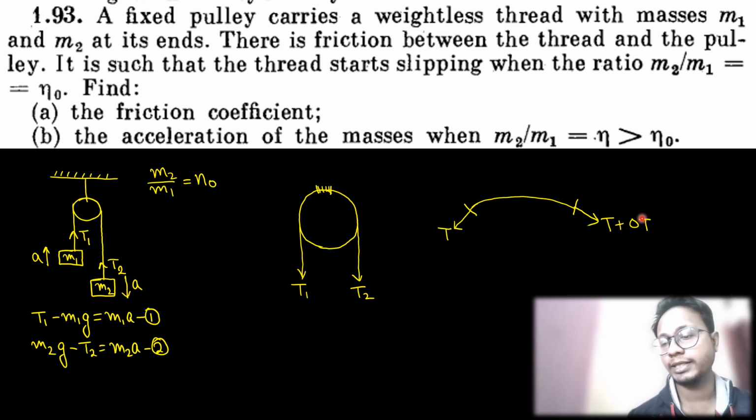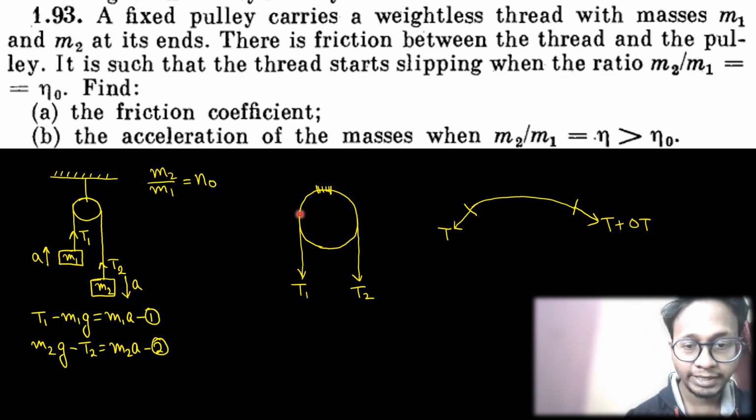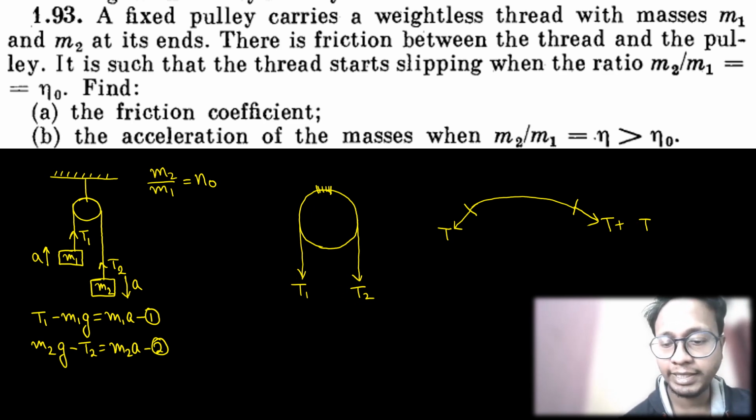One more thing I'll tell you right now. If you integrate this delta tension over this entire surface, the integration of delta T over this surface till here will give you the value of T2 minus T1. So instead of writing delta T, I'll write dT. That means it's infinitely small.